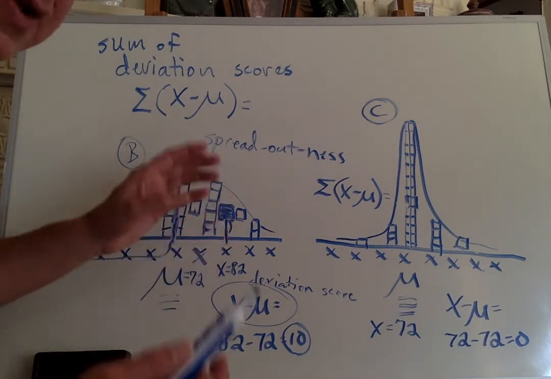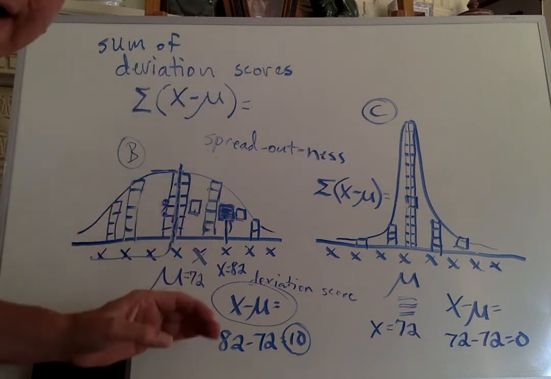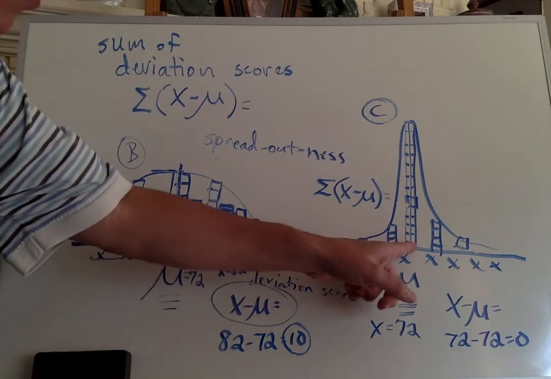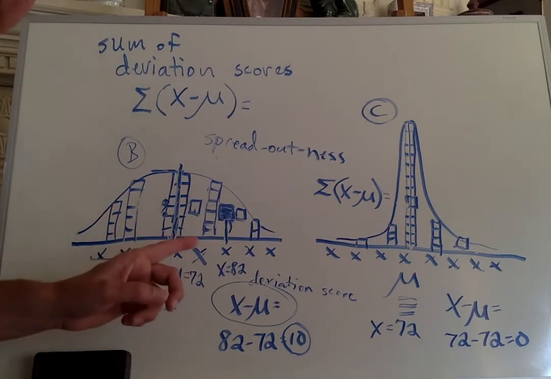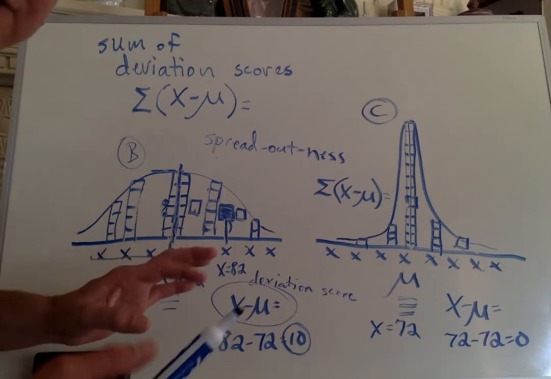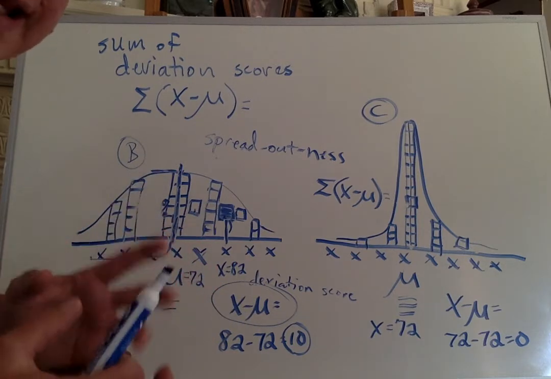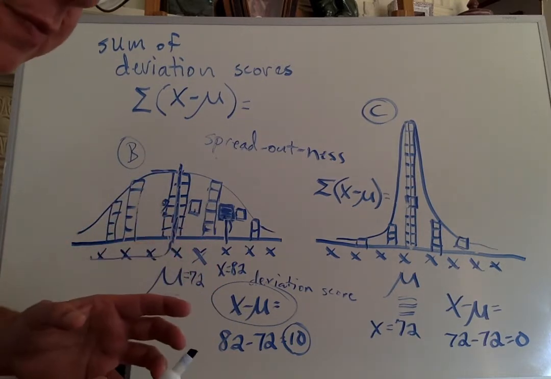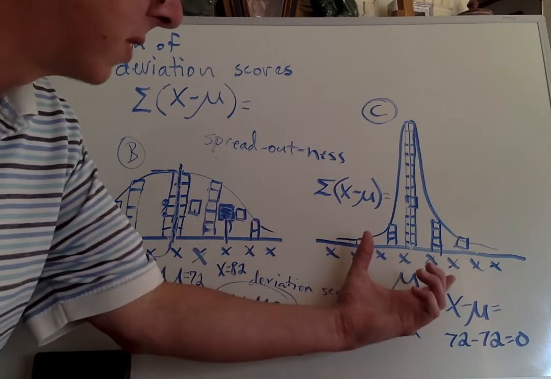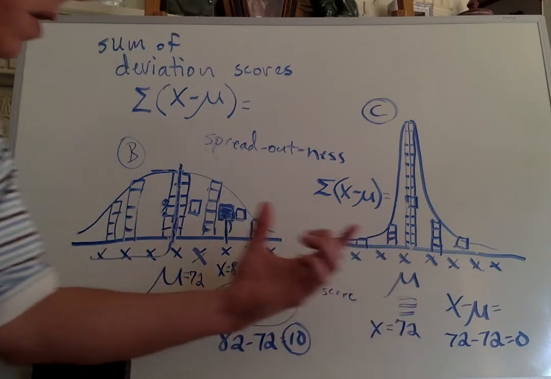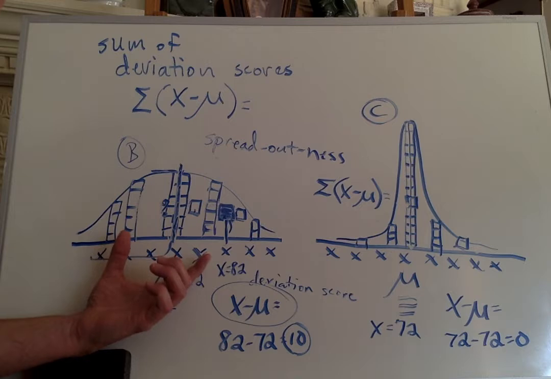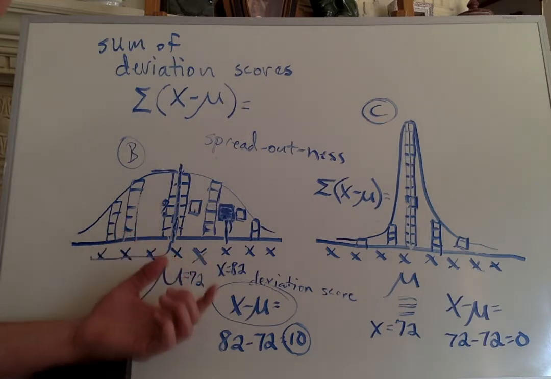We're going to add that list of 100 numbers up. A lot more zeros here, fewer zeros here. Okay? Have I given you enough time? What do you think the outcome will be if we compare the sum of the deviation scores here and the sum of the deviation scores here? Which one will be larger?